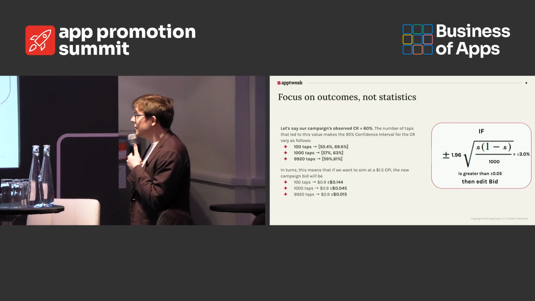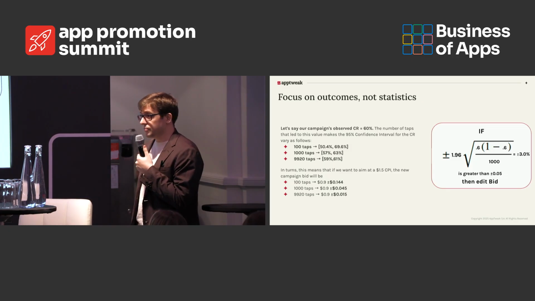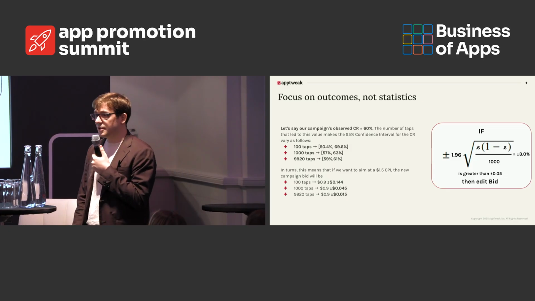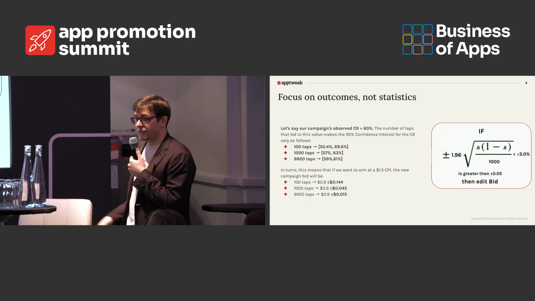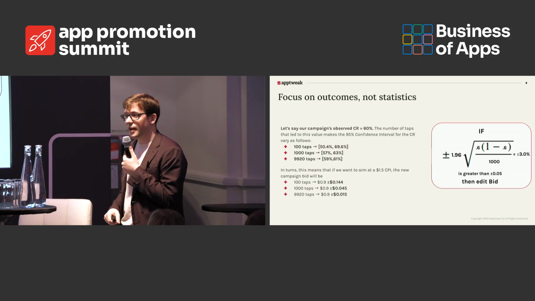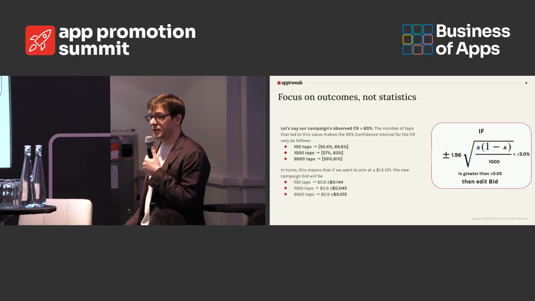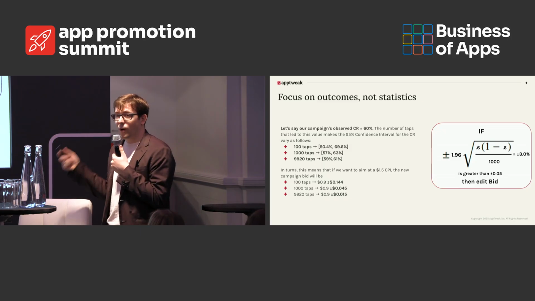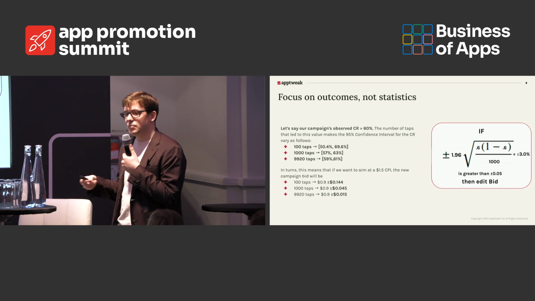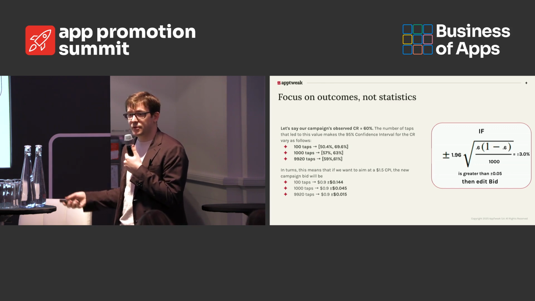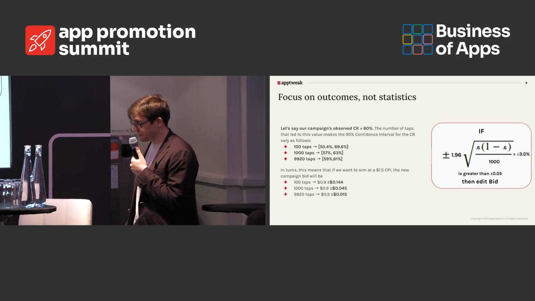So if you're willing to make bold moves, if you're okay cutting your bids significantly, you don't need massive sample sizes. You don't need to have statistical significance all the time. You need to consider what's the outcome, at what level you're able to say, okay, it's not perfect, but it's good enough for us to make a decision.